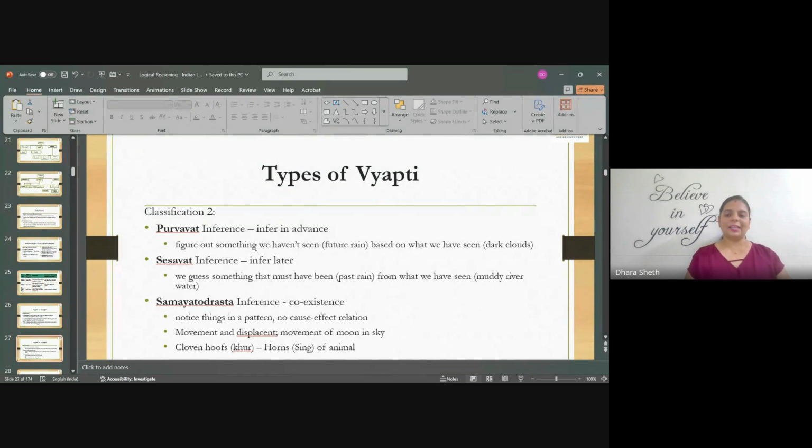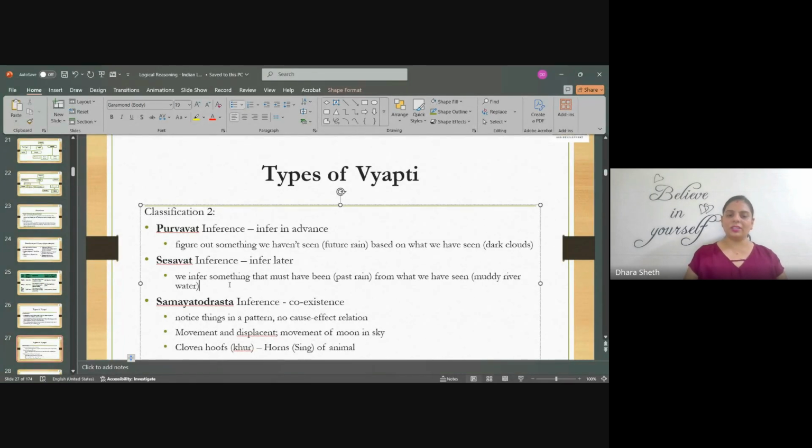You see that the river water is not clear, it is very muddy and it is going very fast. So you infer, it's not a guess, because that is a different praman. We infer something based on what we have seen.